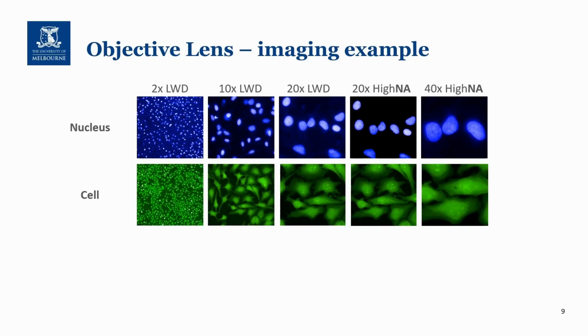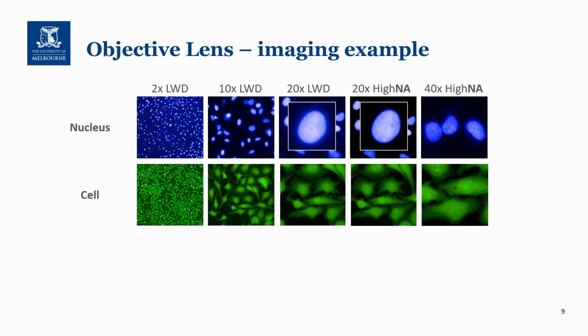Here are examples of some cells imaged with 5 lenses on the BOMP Operetta. Starting with the nuclei, you can see that the magnification increases from left to right. However, when we zoom in on images acquired at 20x, you can see how much the higher numerical aperture improves the image quality.